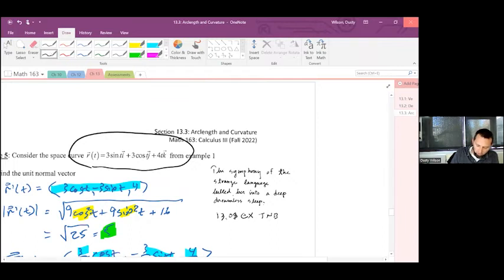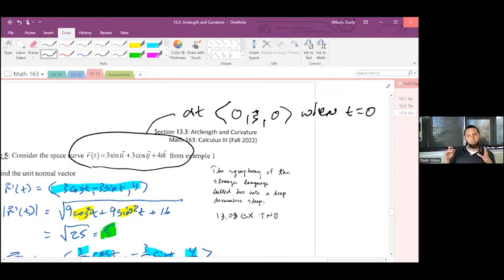And so you'll notice that we are going to be at the point 0, 3, 0. Is that a point or a vector? I guess this is a position vector. And this will happen when time equals 0. So again, you would basically have to find the time value when we will be at the given point.